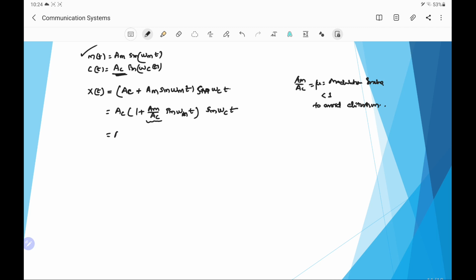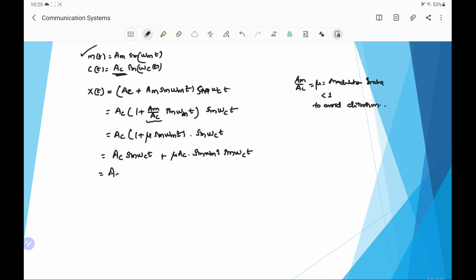So we can write AC into 1 plus mu sine omega mt into sine omega ct, and it is equal to AC sine omega ct, this is the carrier signal, plus mu AC into sine omega mt sine omega ct.